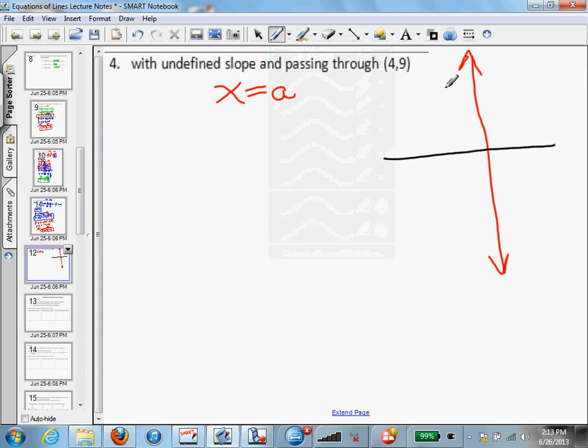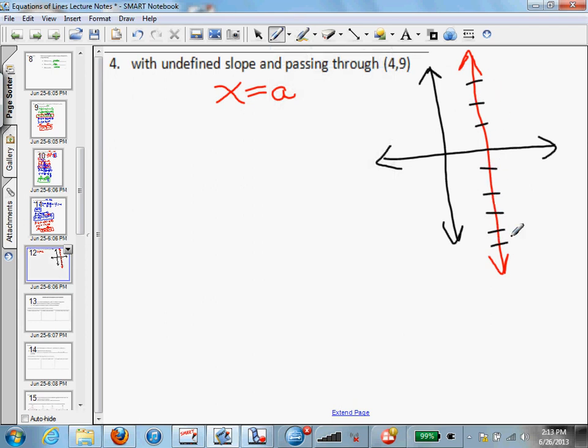The black lines denote the 4-quadrant plane. That means every value is going to share the same x components, but the y components will just be in single file: 1, 2, 3, 4, 5, negative 1, 2, 3, 4, 5. So for this case, x is just equal to the x value of 4, since the slope is undefined.